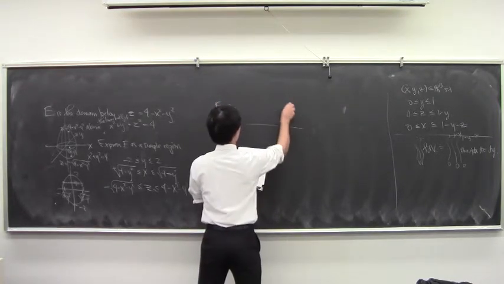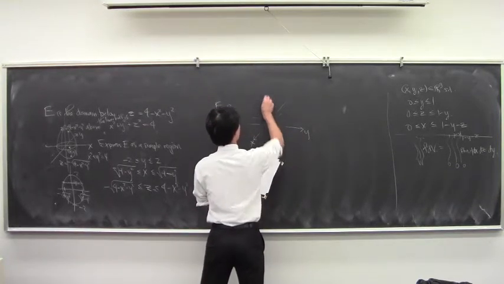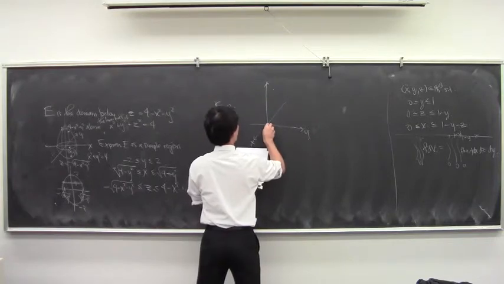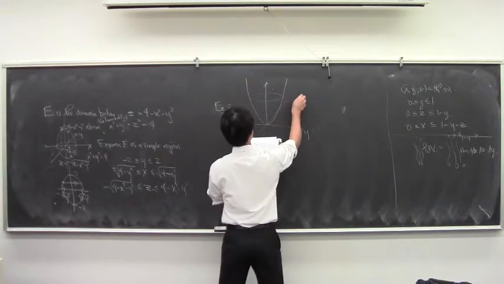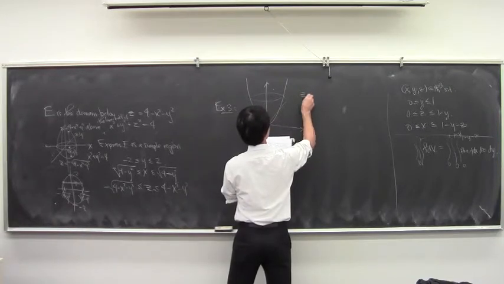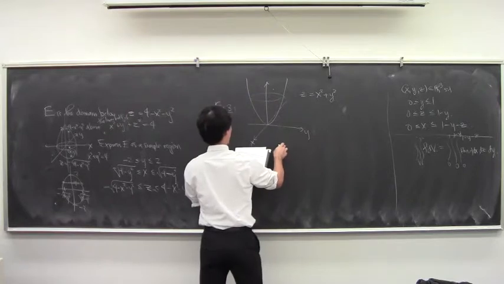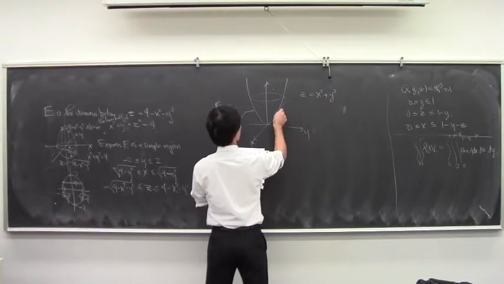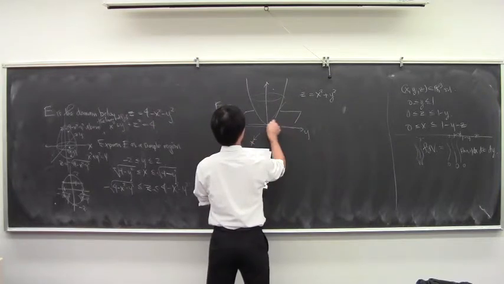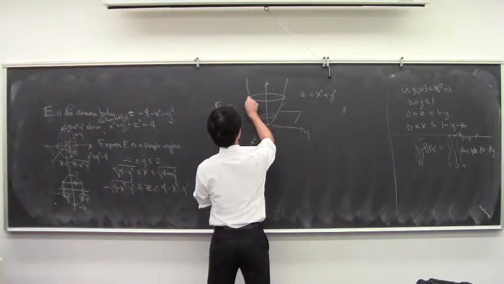Last one, you have this object, x, y, z, obtained by taking a circular paraboloid, so z equals x squared plus y squared, and chopping it off at two different heights. So you chop that off at a certain height, and you chop it off at another height.